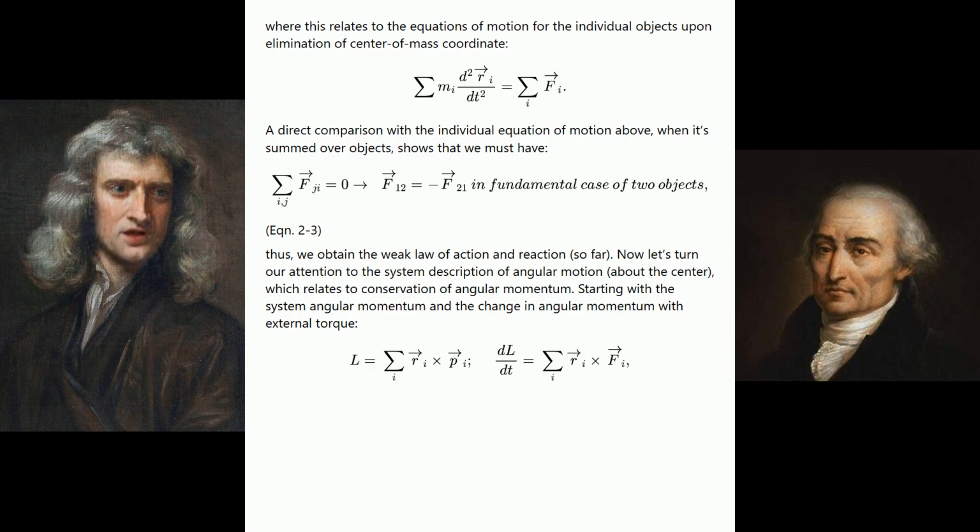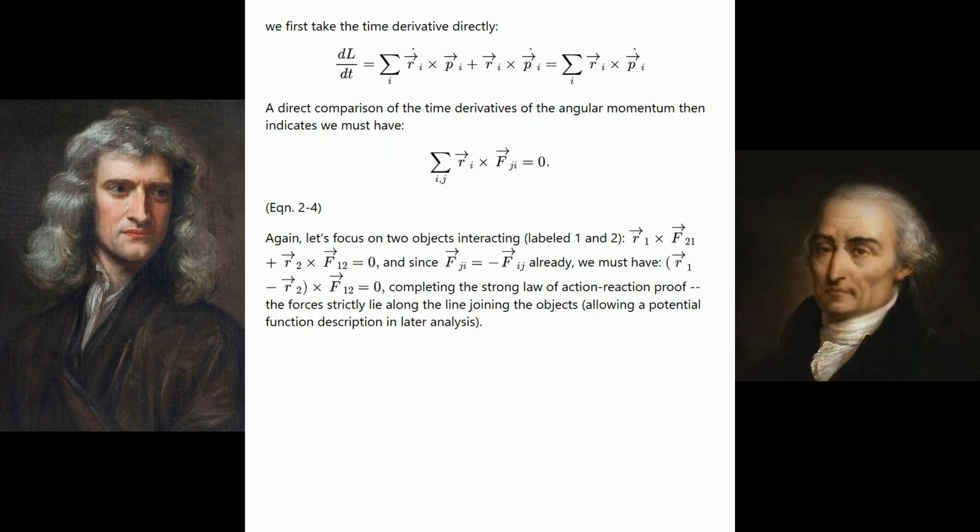Now let's turn our attention to the system description of angular motion, about the center, which relates to conservation of angular momentum. Starting with the system angular momentum and the change in angular momentum with external torque. See the next equation. We first take the time derivative directly. See the equation shown. A direct comparison of the time derivatives of the angular momentum then indicates we must have, see equation 2-4.